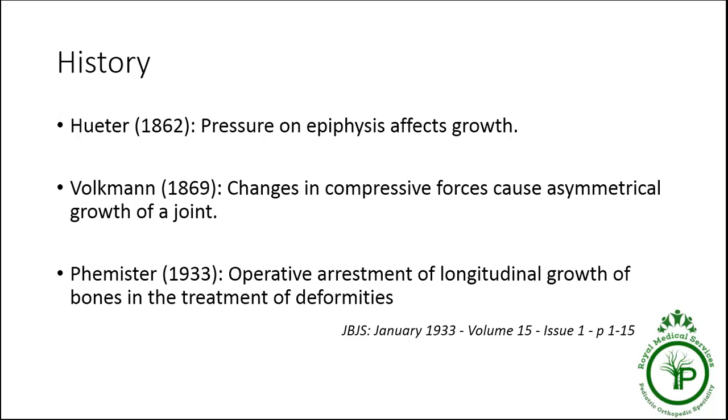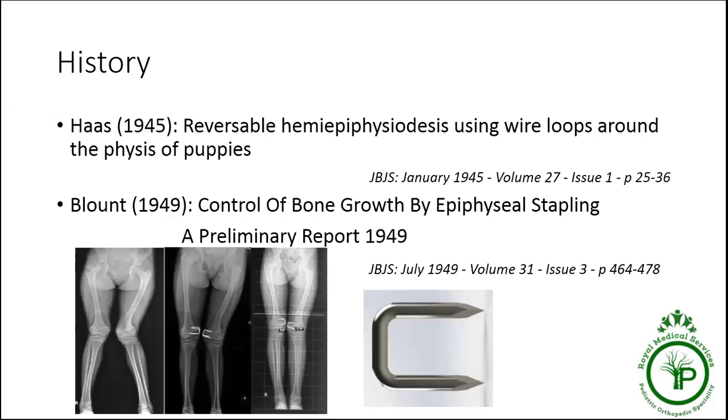Then Phemister in 1933 described operative arrestment of longitudinal growth of bones in the treatment of deformities. Now, in 1945, Haas studied this phenomenon on puppies, and he found that there is a reversible hemiepiphyseal effect using wire loops around the physis of puppies.